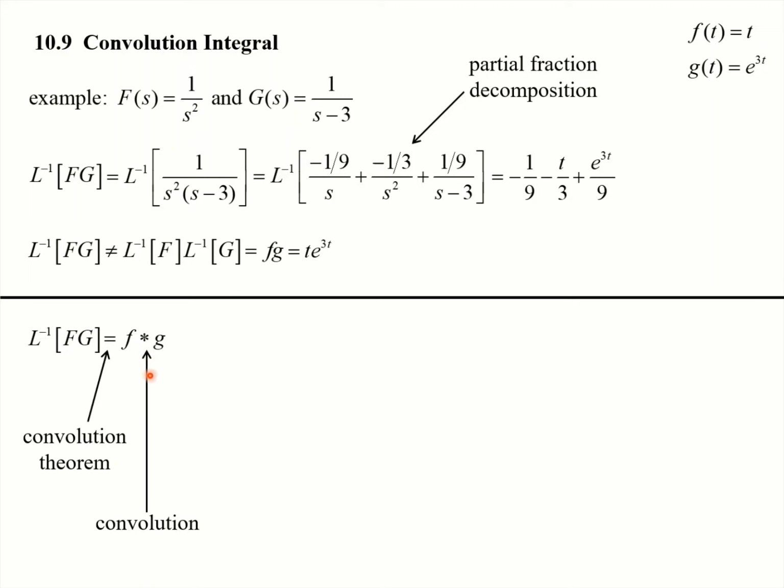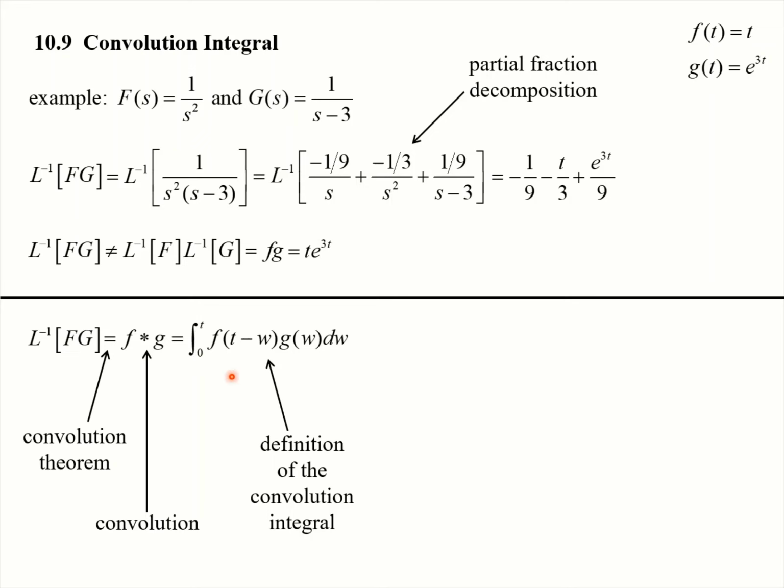I have not showed you what a convolution is. This is the definition of the convolution integral. It's from 0 to t, f of t minus w, g of w, dw. Wow. So you're trading the pain of partial fraction decompositions for the pain of doing this kind of convolution integral.